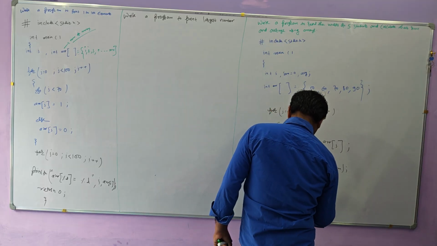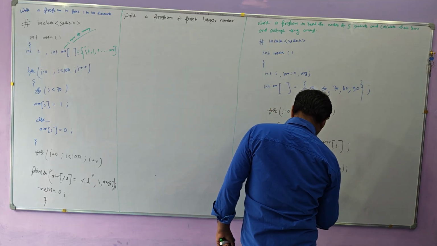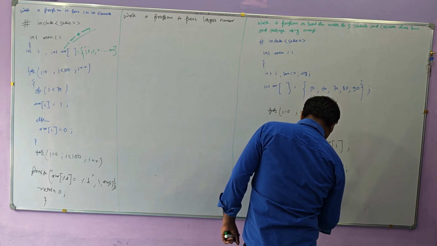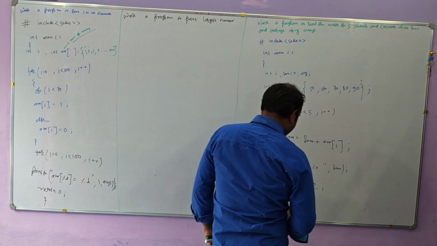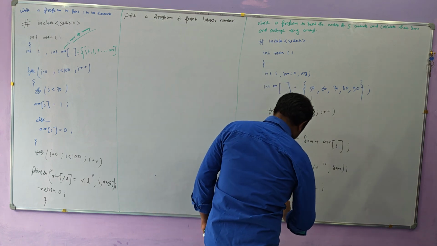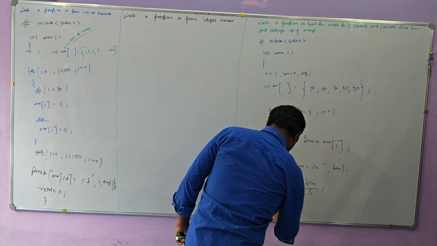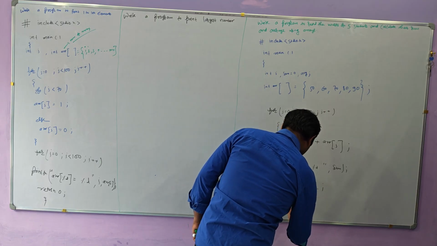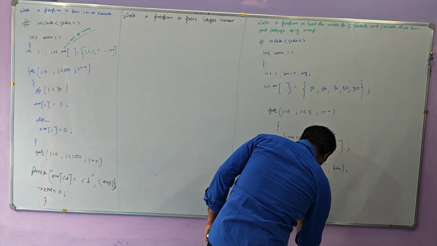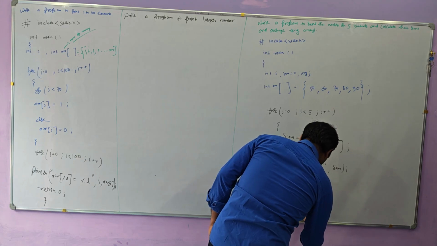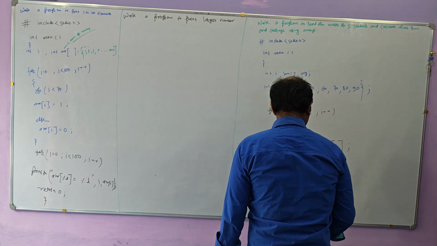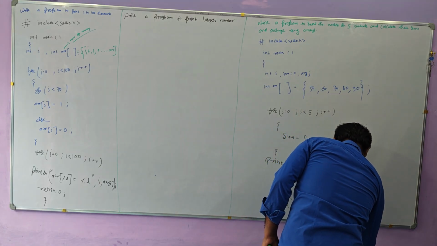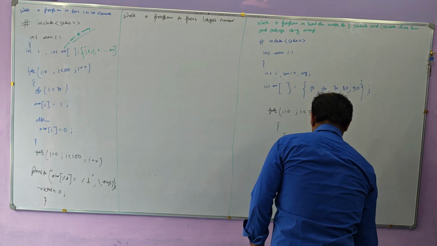Now in another step we want to find the average. So average is equal to sum upon 5. So printf average is equal to %d, and average.